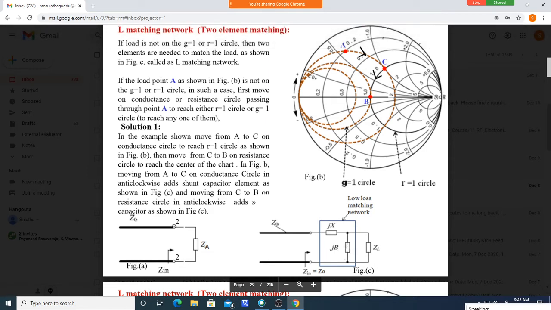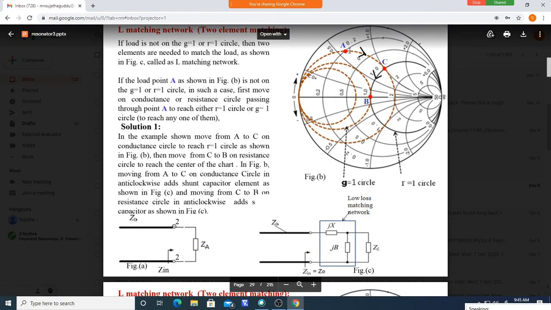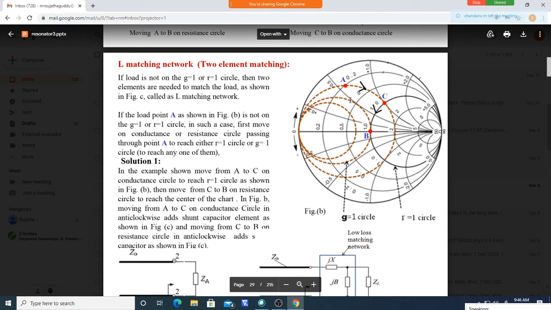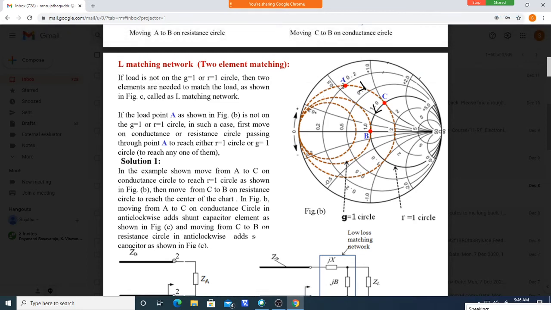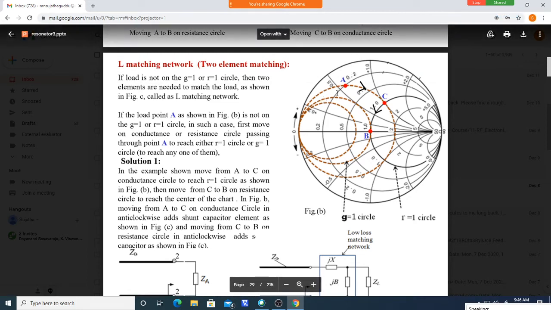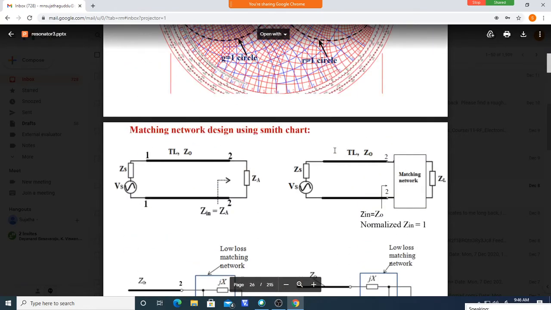You should go back to that. Moving on the conductance circle in the clockwise direction, how do you find the value of the capacitor? You read the susceptance circle passing through this point, note down this susceptance value and that susceptance value, take the difference and use this equation.